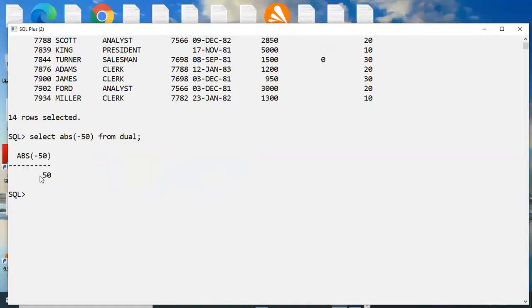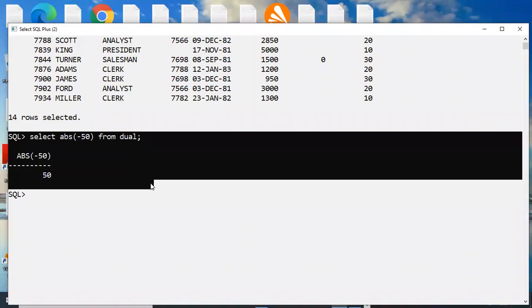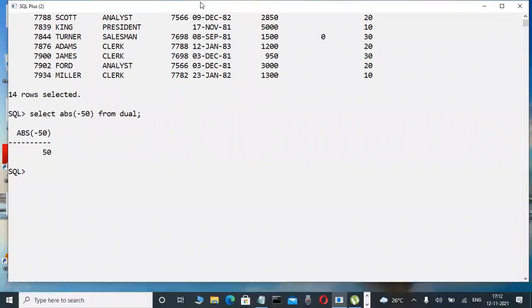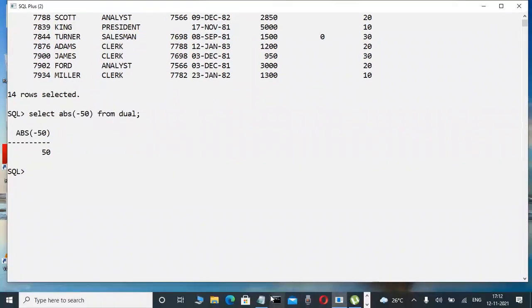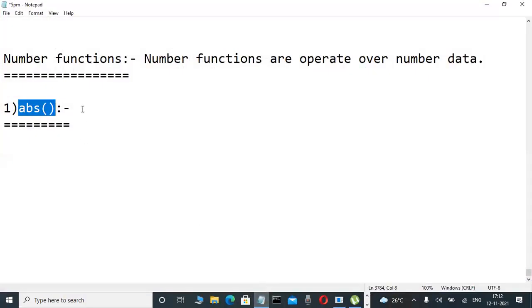Oracle gives ABS, but in some other databases absolute is the keyword. It's a very easy function, but whenever necessary I use it in the future. Write it: absolute, ABS.